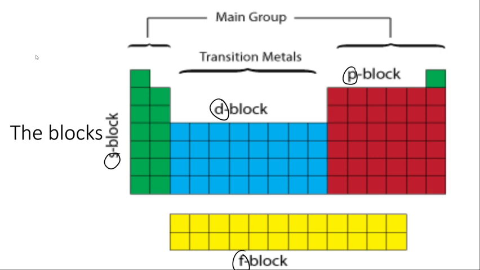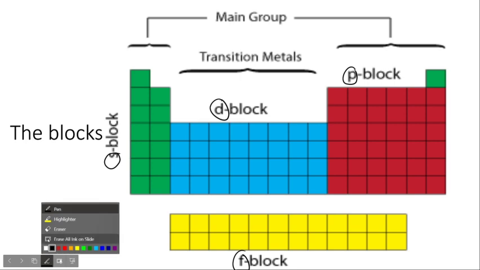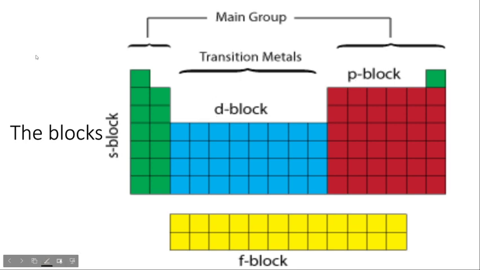These are the 4 blocks of the periodic table, and they correspond to the subshell in which the outermost electrons are located. Don't worry about this too much; we can talk about it later. But everything in the S block has its outermost electrons in an S subshell. That's what the blocks are telling you.